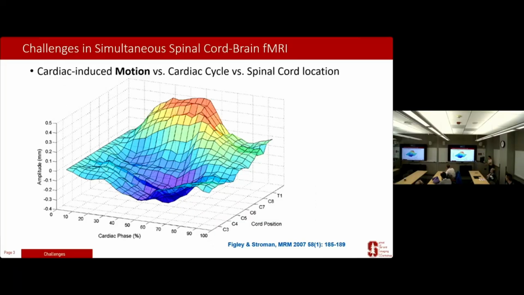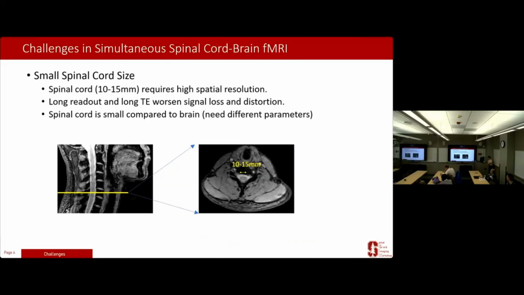The second challenge is cardiac-induced motion. Spinal cord moves in synchrony with the cardiac cycle, but the motion is also dependent on the cord location. You can use cardiac gating to minimize the motion, but we are not talking about that here today. Instead, we'll use cardiac post-processing to reduce cardiac-induced motion.